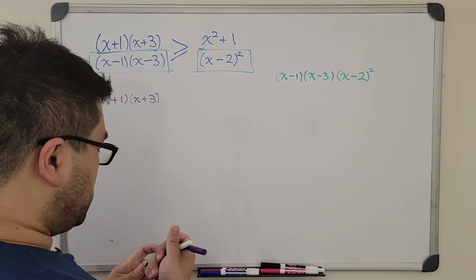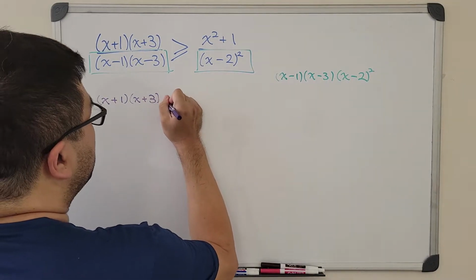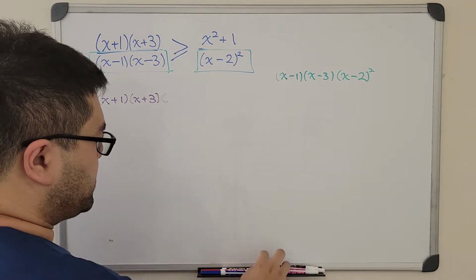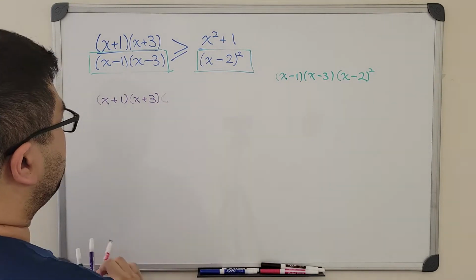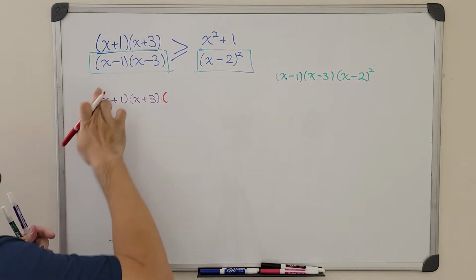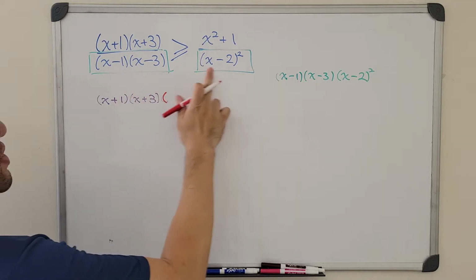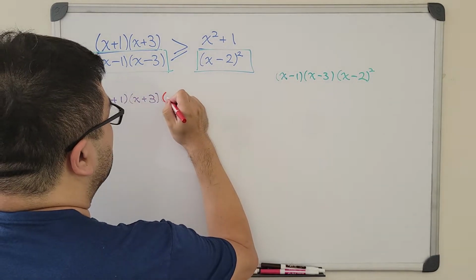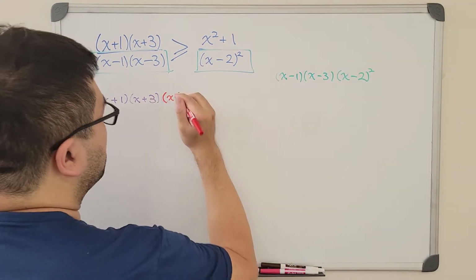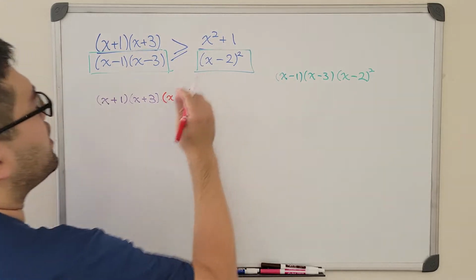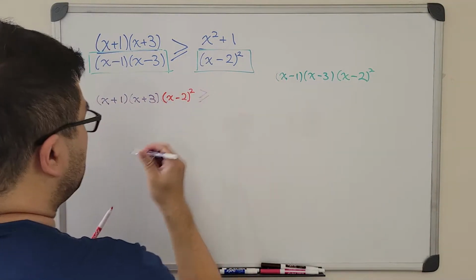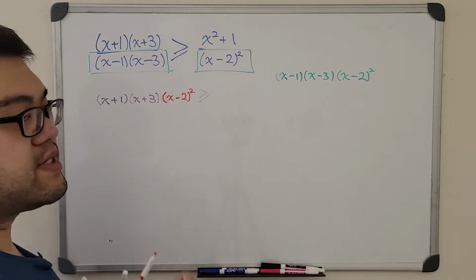So if we do that, what are we going to get? We're now going to get (x plus 1)(x plus 3) times, now x minus 1 is going to cancel out, and x minus 3 is also going to cancel out. So what do we have remaining? We will have (x minus 2) quantity squared remaining. Now we look at the right-hand side of the inequality.